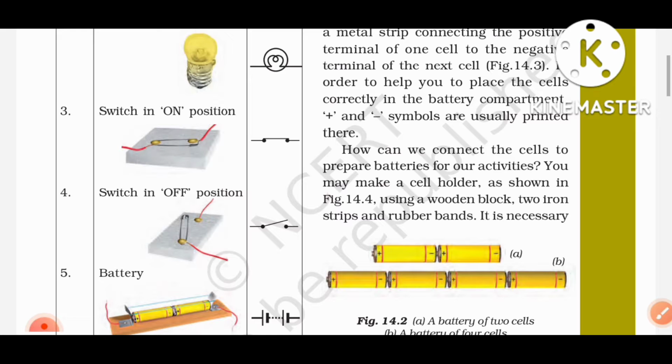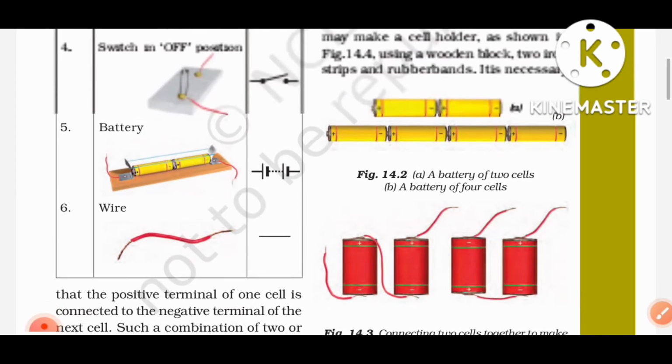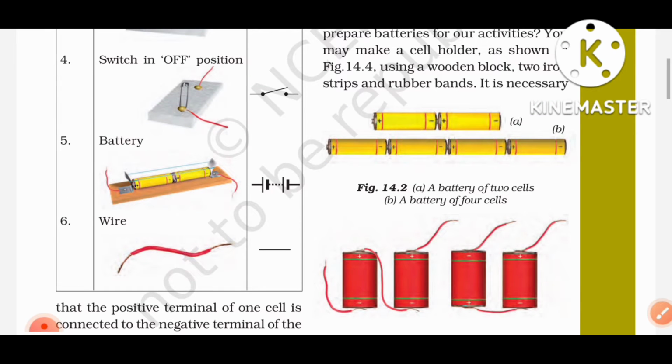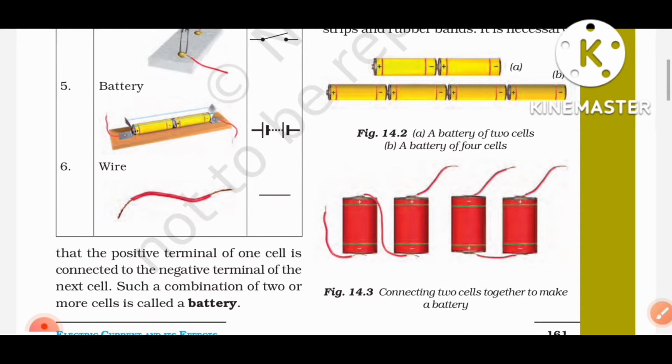How can we connect the cells to prepare batteries for our activities? You may make a cell holder as shown in figure 14.4 using a wooden block, two iron strips and rubber bands. It is necessary that the rubber band hold the metal strip tightly. Figure 14.2: A. Battery of 2 cells, and B. a battery of 4 cells. 14.3 Connecting 2 cells together to make a battery.